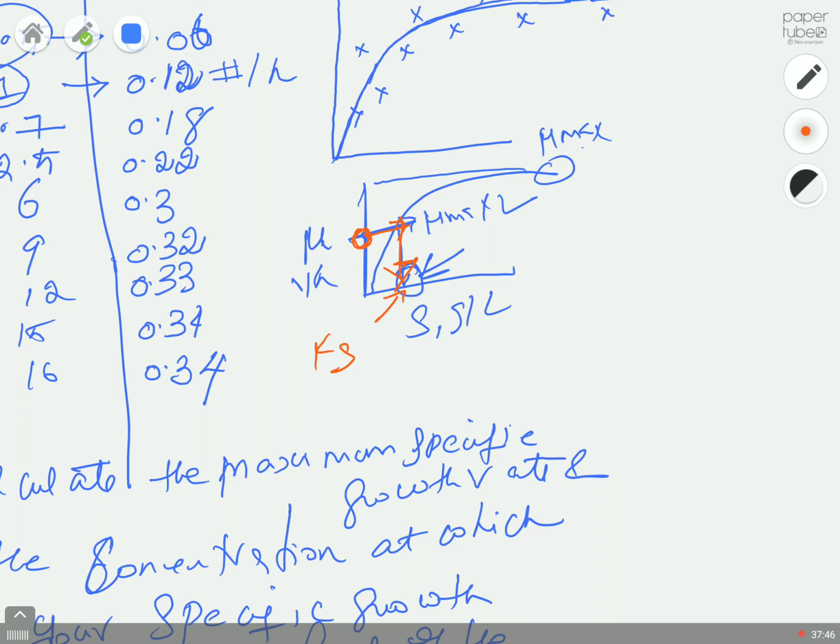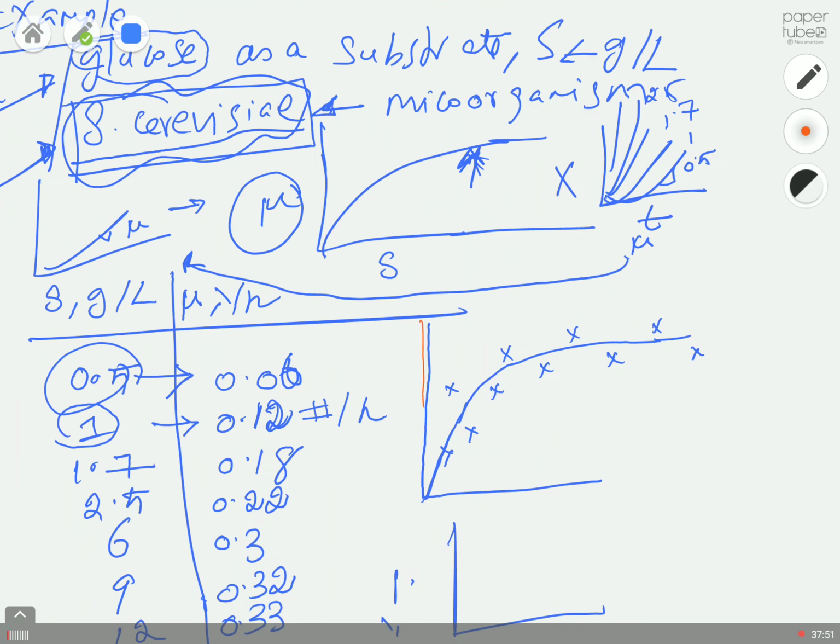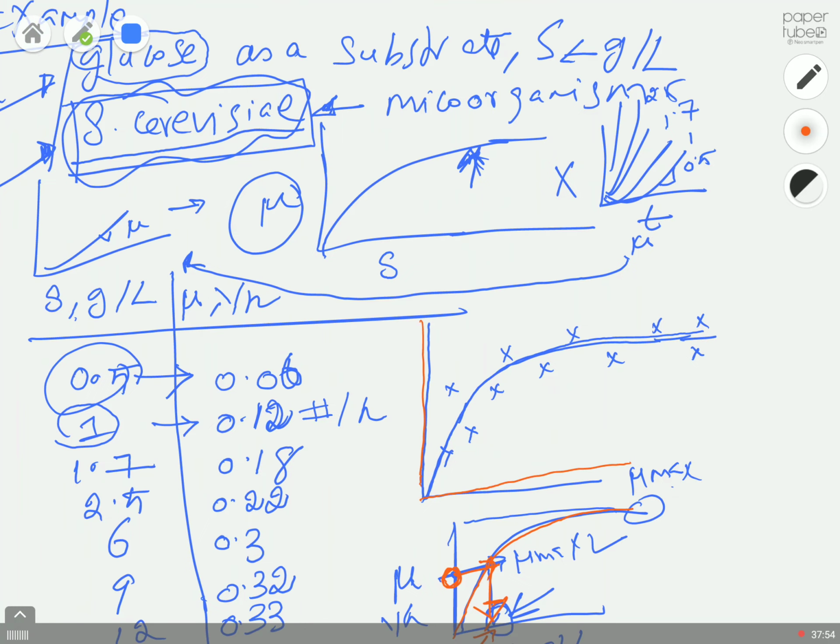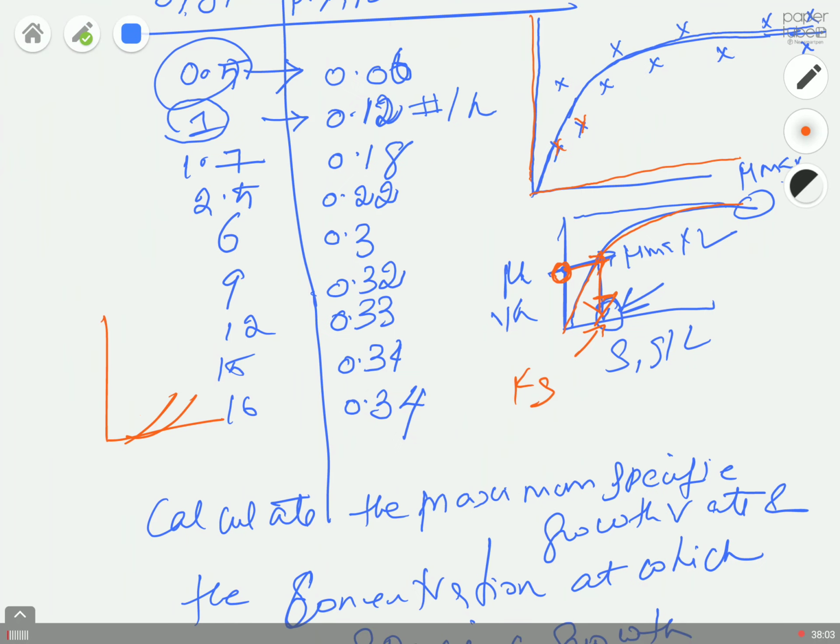But the experimental reality is that you won't get a smooth curve like that. If you perform the experiments, it is a really laborious process. You have to do several experiments and get a graph of time versus x, and from each you have to study those graphs individually to get your specific growth rate.